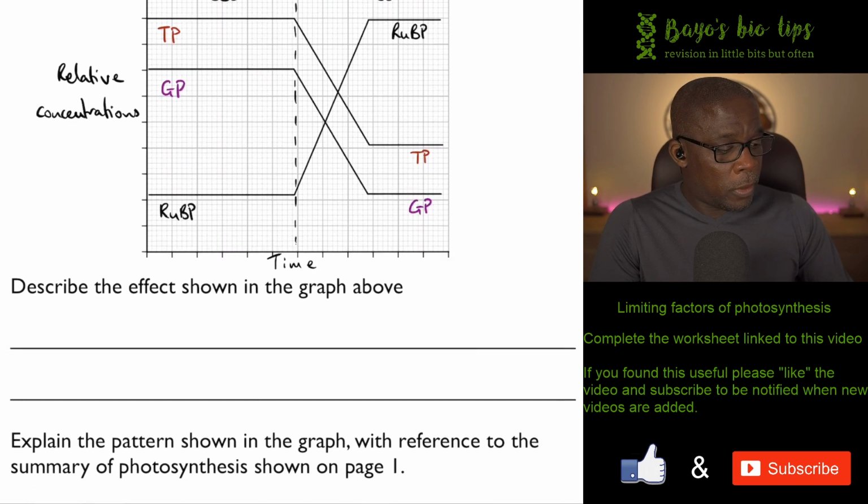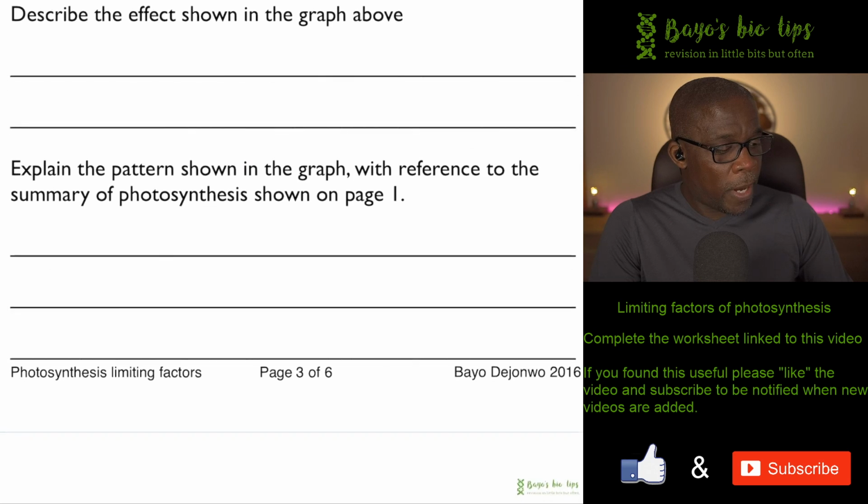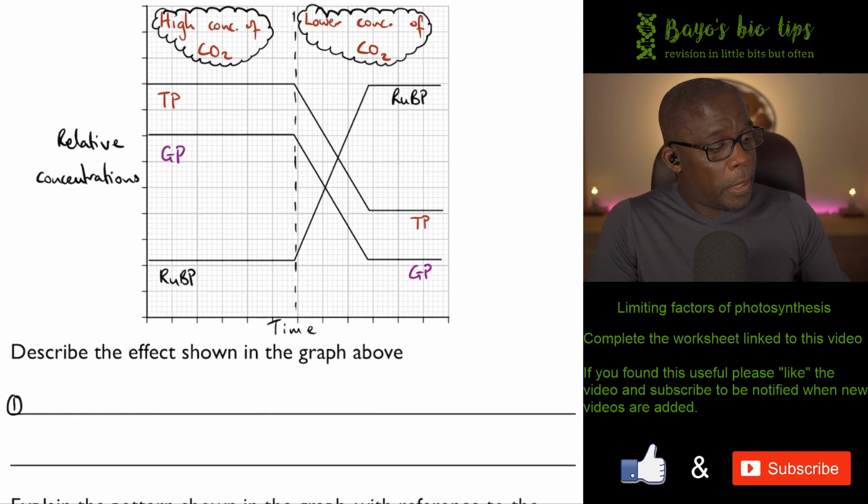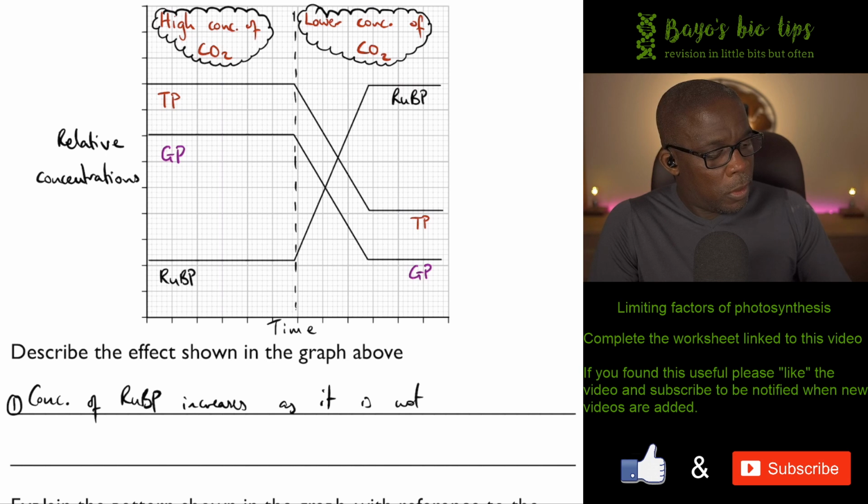So let's write down a description of the effect. Number 1. So remember what we said, RUBP accumulates because it's no longer being converted to GP. So concentration of RUBP increases as it is not converted to GP.